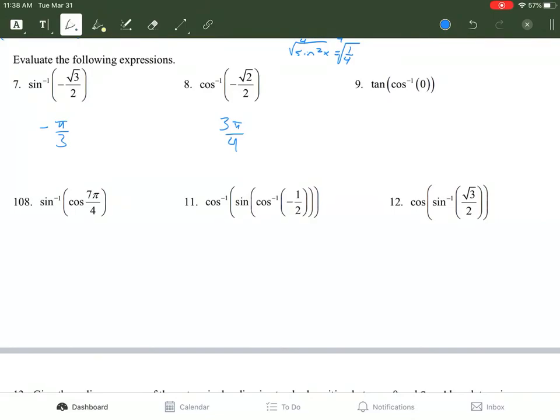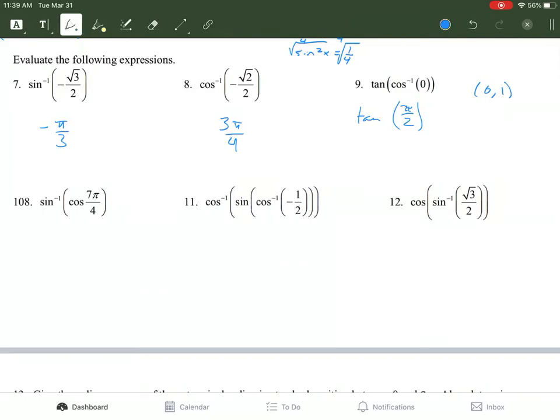All right, for number 9, we got 2 parts. First part is finding where cosine is going to be 0. So what radian is the x value going to be 0 at? And that is on the top half of the unit circle, that's pi over 2. So we have to find the tangent of pi over 2. Well, if we look at the point for pi over 2, it's 0, 1.